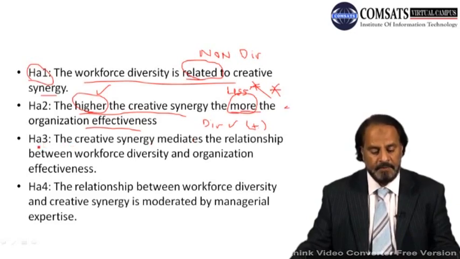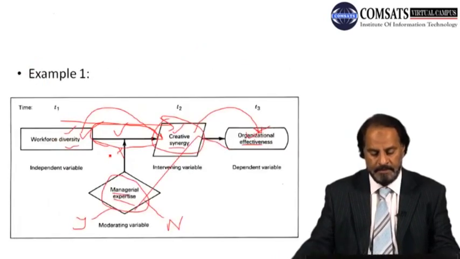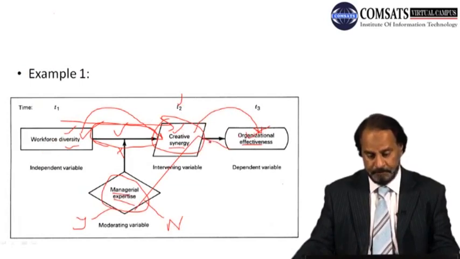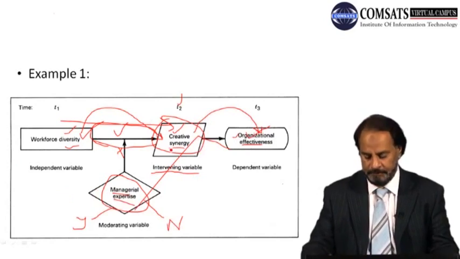Let's look at the third hypothesis that could be generated: creative synergy mediates the relationship between workforce diversity and organization effectiveness. So we are trying to test the mediating role, or the intervening role, of creative synergy.